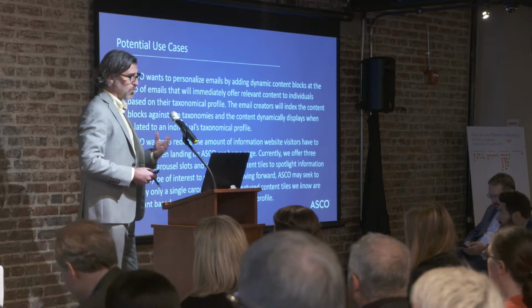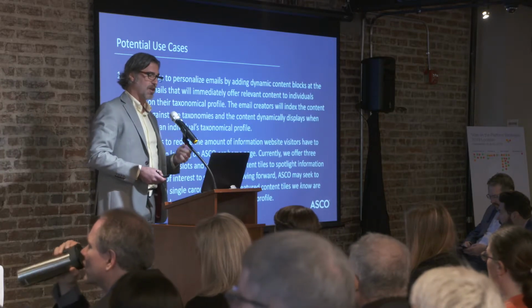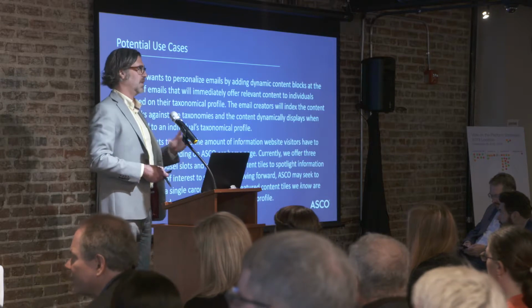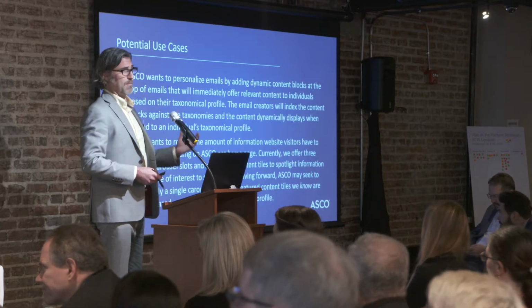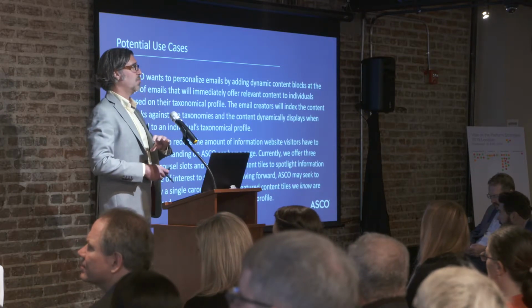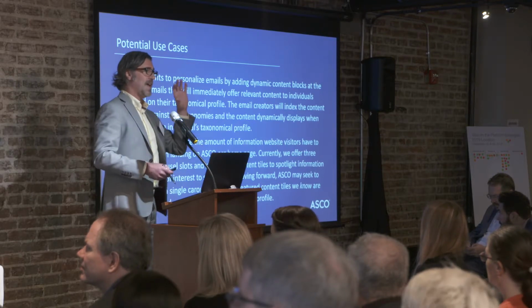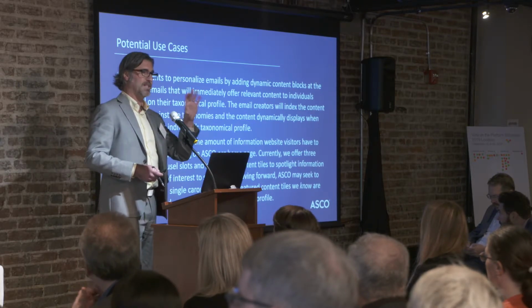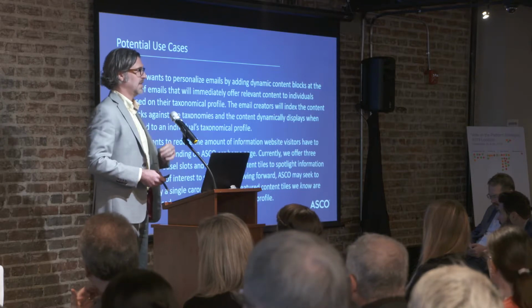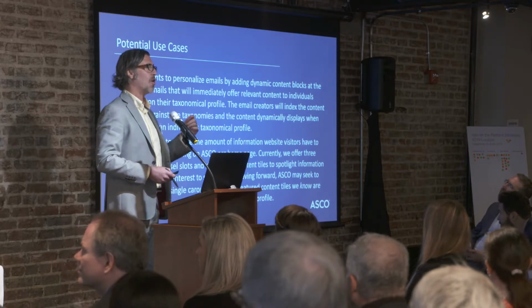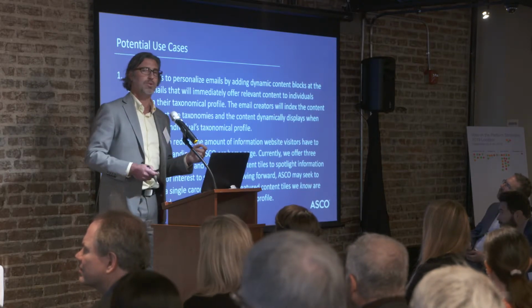Secondarily, we could want to reduce the amount of information essentially that our website visitors have to process when landing on a homepage. I'm sure like most organizations, we have a homepage that tries to appeal to the broadest audience. So we have everything we think is important to potentially anyone who arrives on the site. The reality is that is not all information that is relevant or important to everybody.